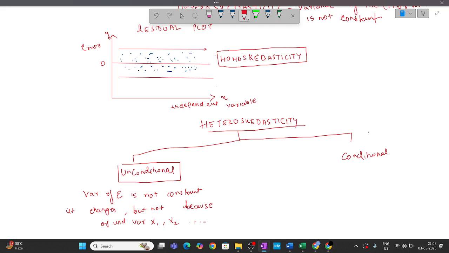It is changing, but there is no relationship between the error term and the independent variable, right? But what happens in conditional heteroscedasticity? Again, variance of error term is not constant, and changes because of the independent variable.